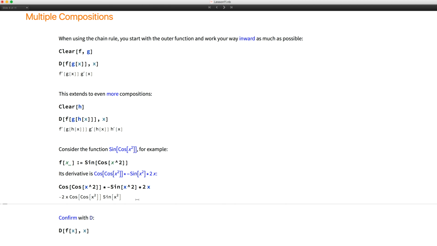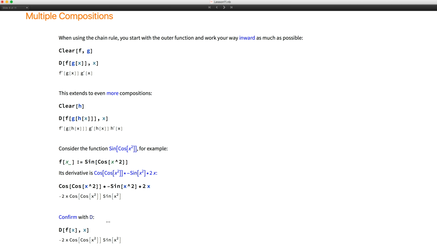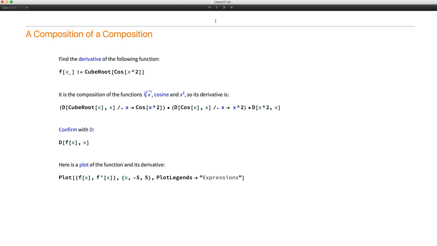So the answer here is confirmed by D, and that tells you that given any long chain of compositions, you can apply just the same rule and get the result. So a similar example is the one I take up next, which is the cube root of cosine of x squared.